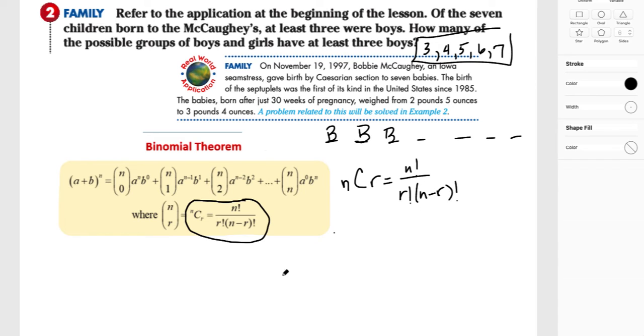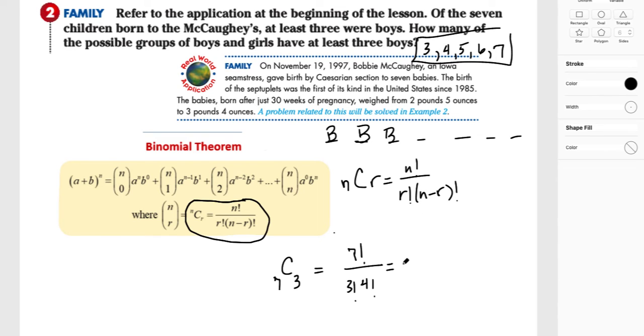So let me be clear. If I wanted to figure out how many different ways you could organize 3 baby boys amongst 7 of these septuplets, I would have to take 7 factorial. Are you guys with me? And then divide that by 3 factorial, and then further divide that by 7 minus 3, which is 4 factorial. This is going to give me the answer.